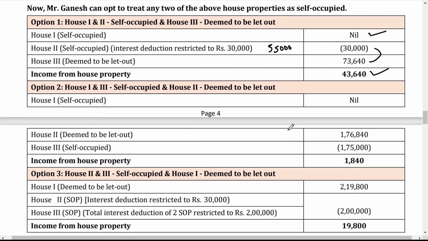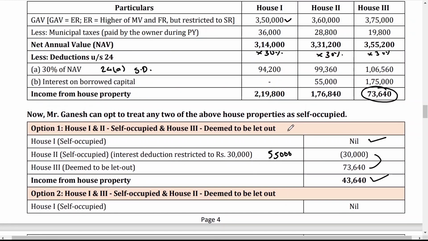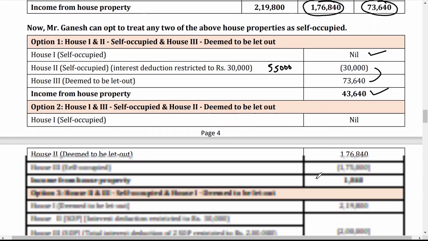Now let us consider option number 2. House 1 and 3 are self-occupied and house 2 is deemed to be let out property. In that case, house 1 self-occupied property is nil, and house 2, deemed to be let out property, is 1,76,840. That means now you are treating house 2 as a DLO, and this is your income in the second option.